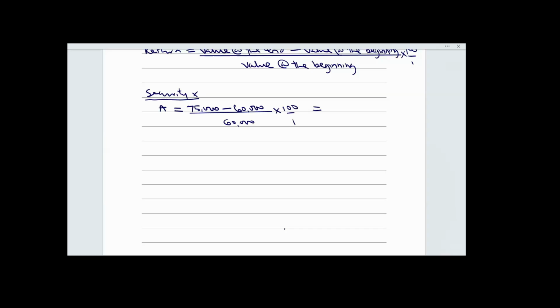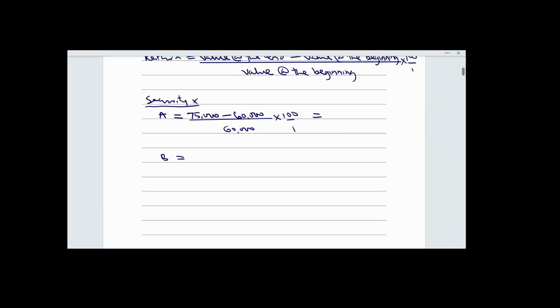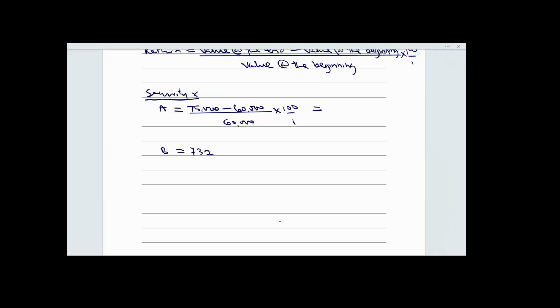Then in state B, value at the end is 73,200. So 73,200 minus 60,000 over 60,000 gives the percentage.